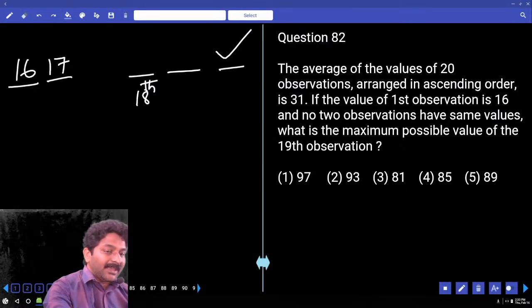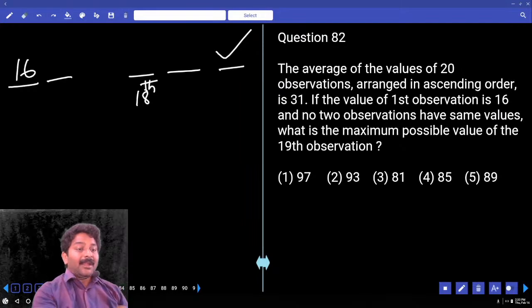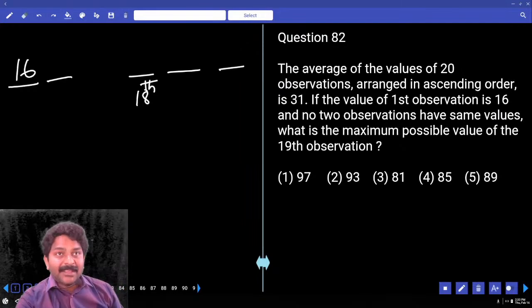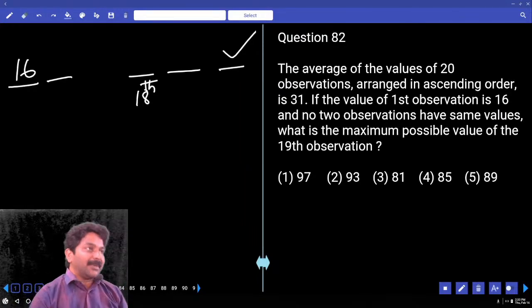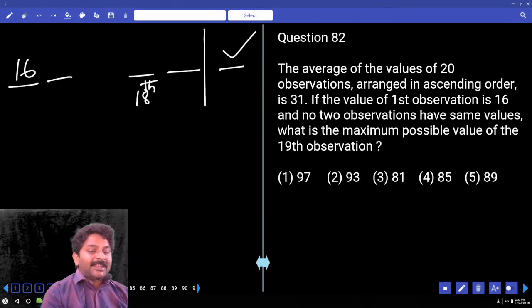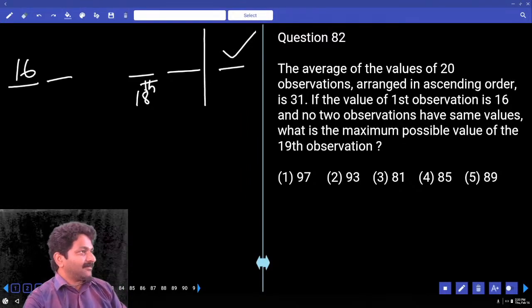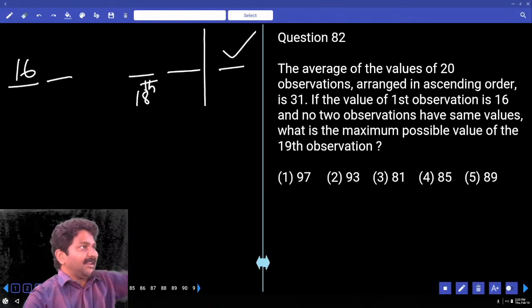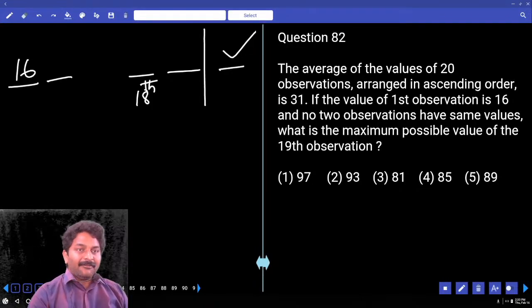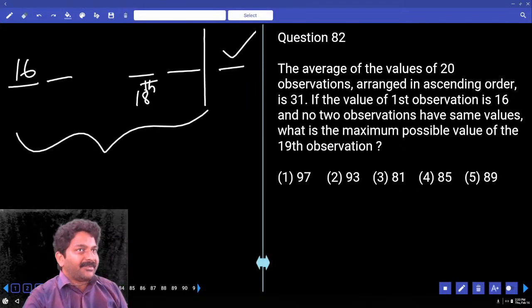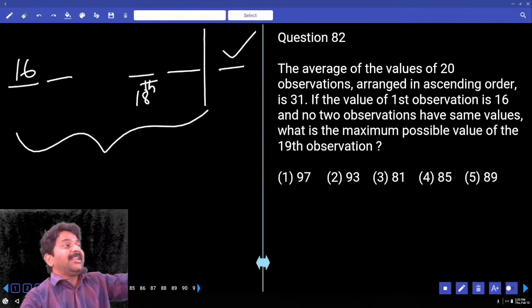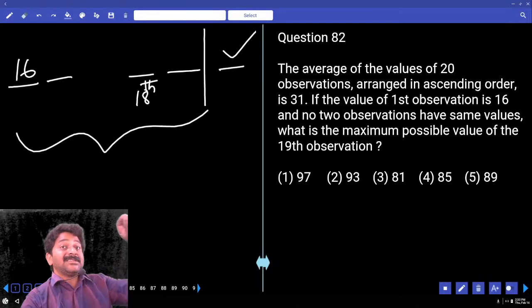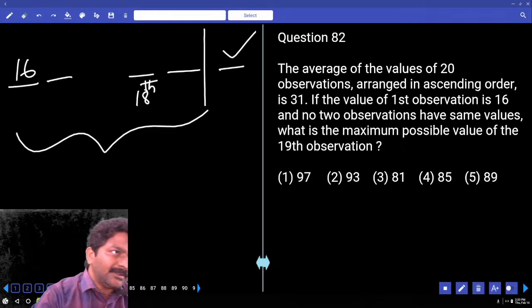Right? Okay. Now, if you are expecting the highest value for the 20th number, till 19 numbers I will fix. Starting with 16, I will write 19 numbers. From the total I will subtract the sum of these numbers. Then the 20th number will get as high as possible. Understood?